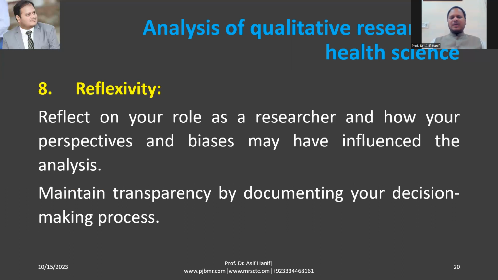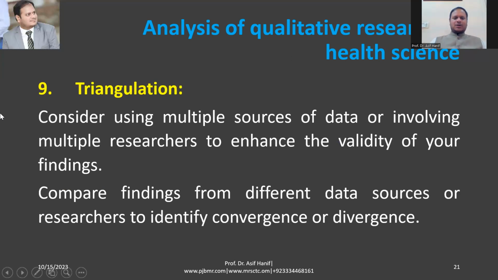So you need to be very keen while analyzing your data, and you need to be very transparent. You maintain transparency through documentation of your decision-making process. Sometimes people speak out about the policies, about the government, about things. So you need to be very transparent with the told perception and the research question.